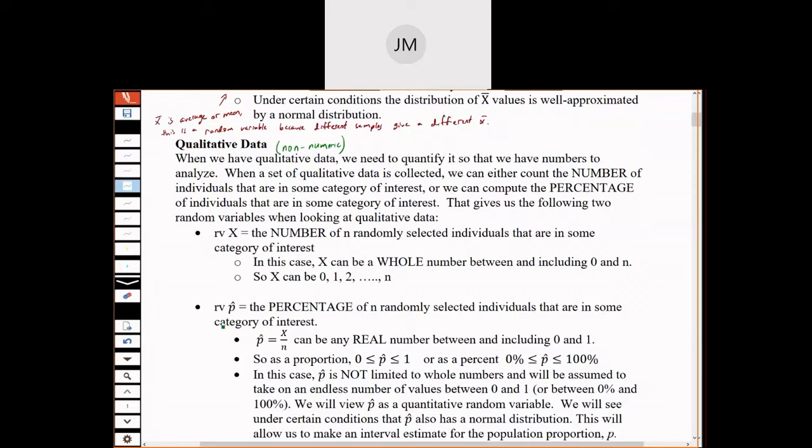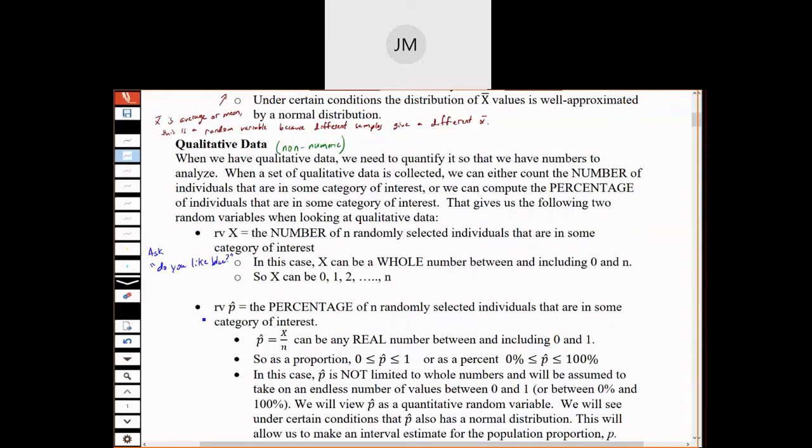So what we can do, if I ask a question like, do you like blue? Okay, then that's my variable for each individual.